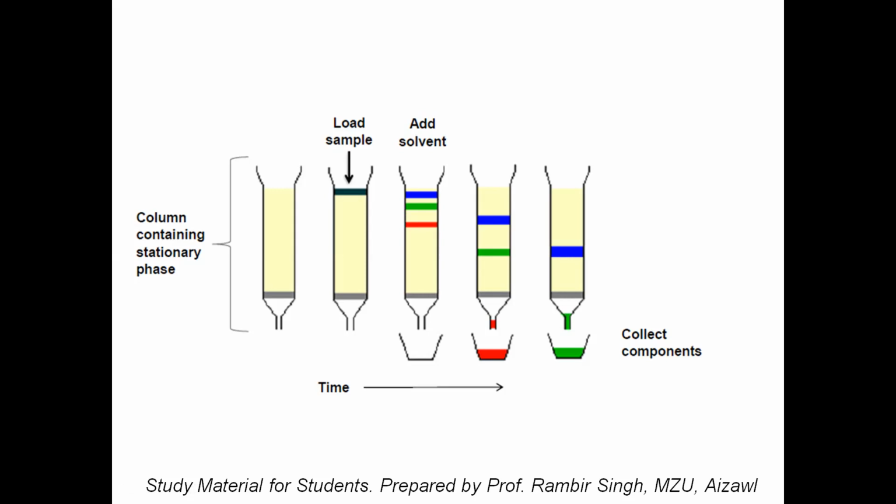That is the capacity of the mobile phase to elute the components of a mixture. Now, for reverse phase chromatography, does water have high elution strength or low elution strength?